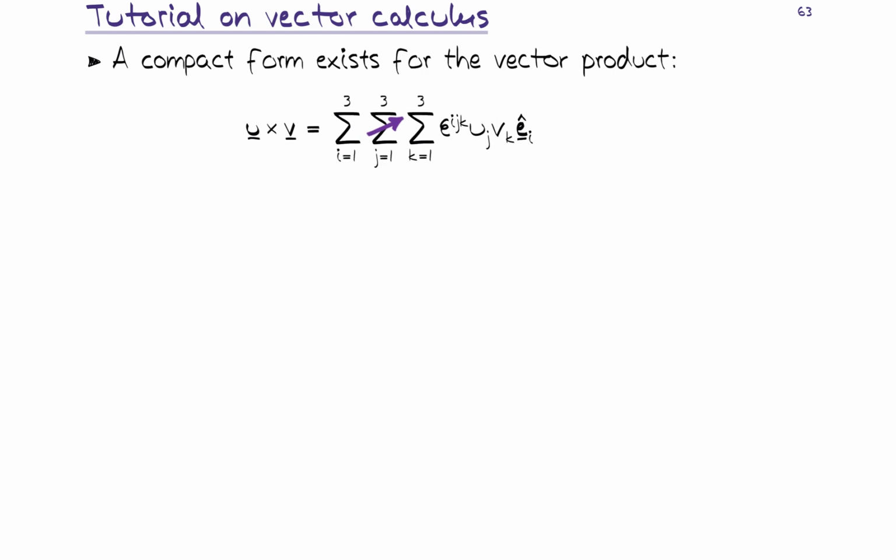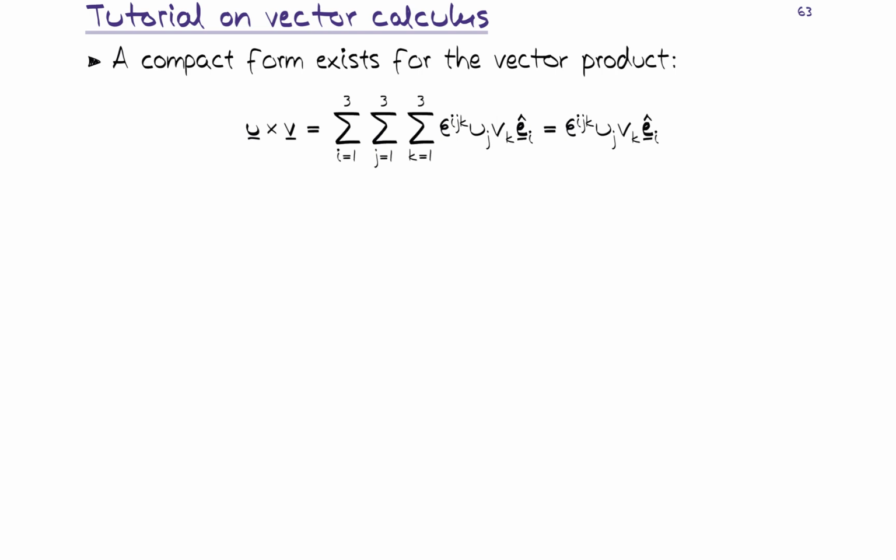I do not need to write it because I have two j's, and the same thing for k's here. I have two k's, so I can also skip this summation. And this is where we are starting to see the benefit of Einstein's summing convention, because we can just write the vector product simply as the Levi-Civita parity symbol epsilon ijk times u_j times v_k times e hat i.